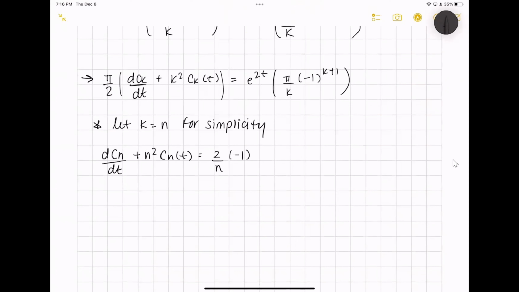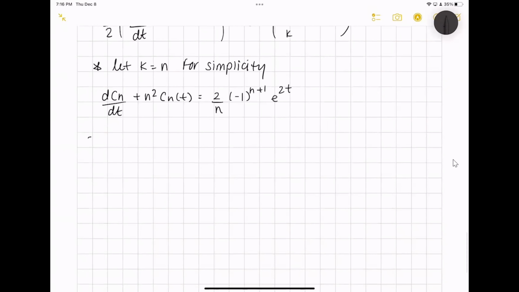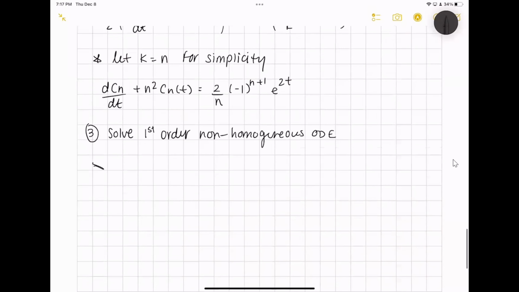Okay, now that we're here, we notice that this is a first order non-homogeneous ODE. So in order to find our C of n, we're going to want to solve the first order ODE, and the way we do that is we apply the integrating factor.